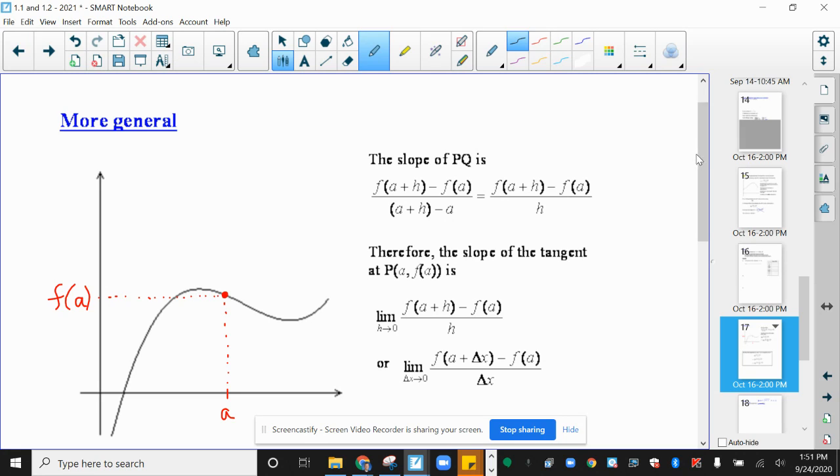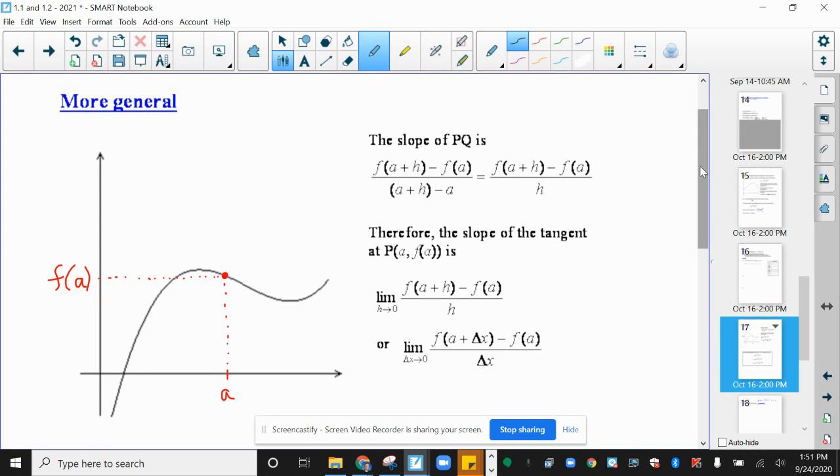Okay, so our goal, if you have some random function called f here, and a random x value a, what is the slope of the tangent at x equals a?